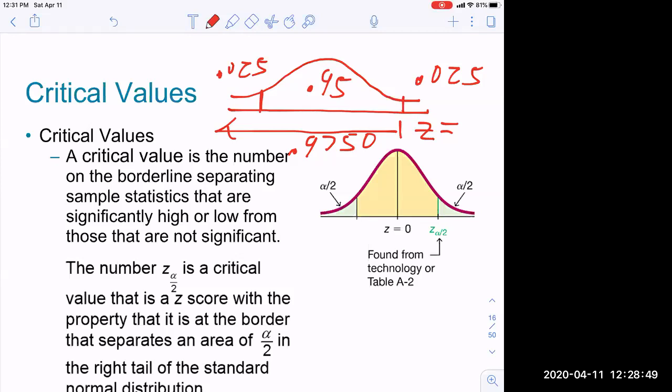And if you look into your positive z-scores, you will see that the z-score is 1.96, which has this area to the left. So in this case, our critical z, which I may say is z with a c, is 1.96.